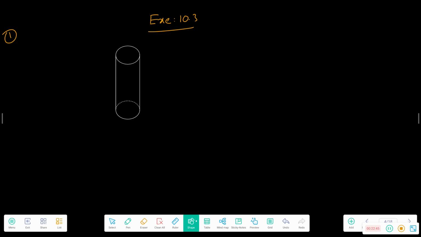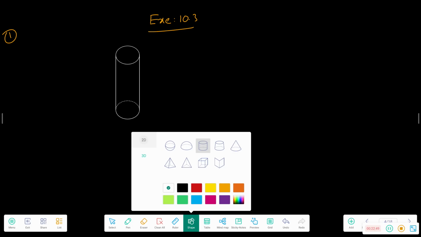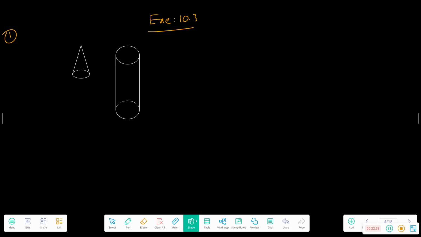Here there is a cylinder, and on this cylinder we have a cone, mounted on it.